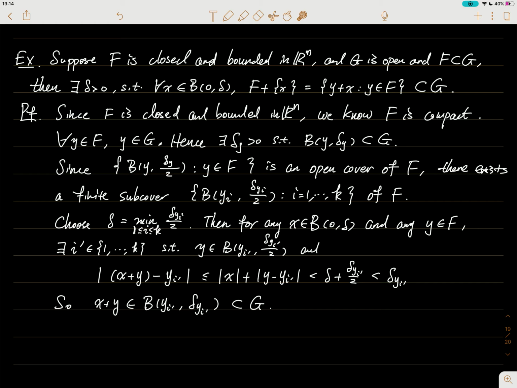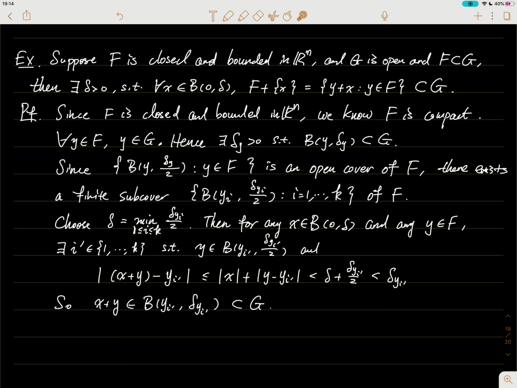If I collect all these balls where y ranges over the entire set F, this will be an open cover of F, covering the entire F.